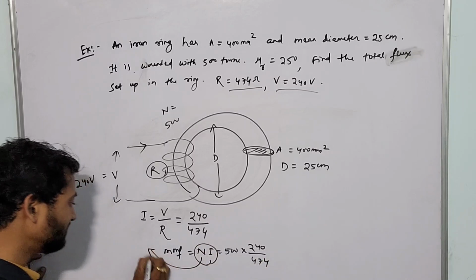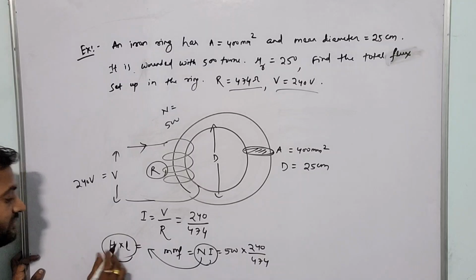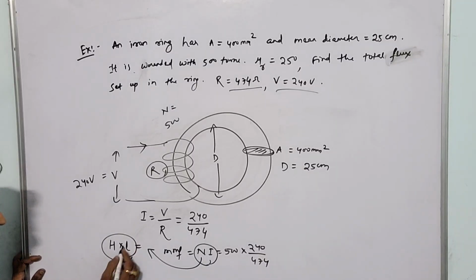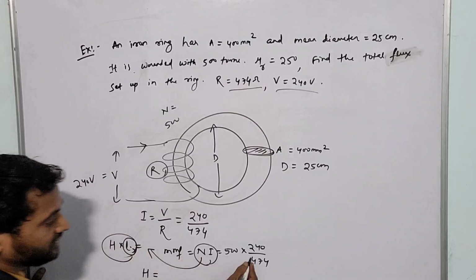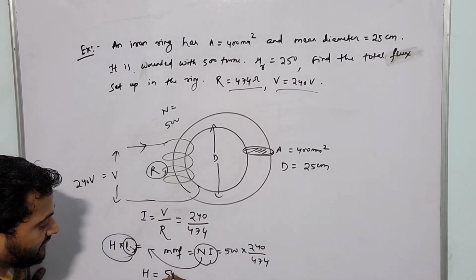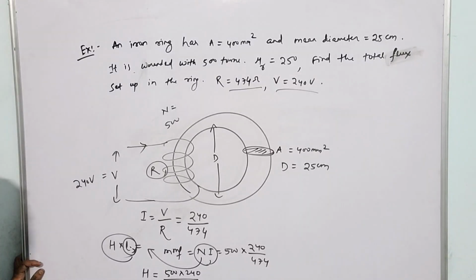I told you Ni is nothing but H into L, magnetizing force into L. So here you can find H by dividing by L: 500 into 240 by 474, divided by L. Is it clear?